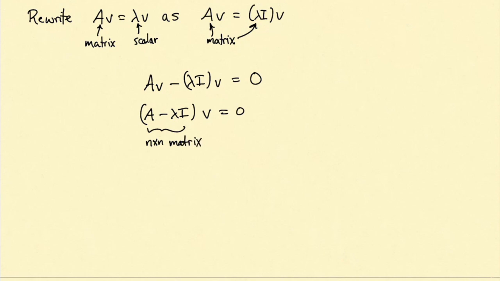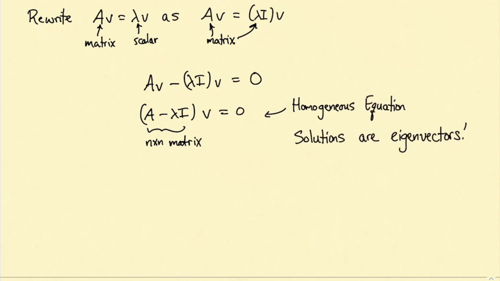Now recognizing that A minus lambda I is an n by n matrix allows us to think about the eigenvectors of our matrix A as solutions to a homogeneous equation.